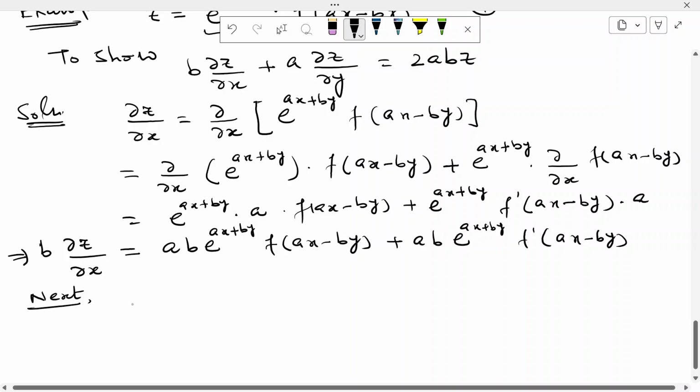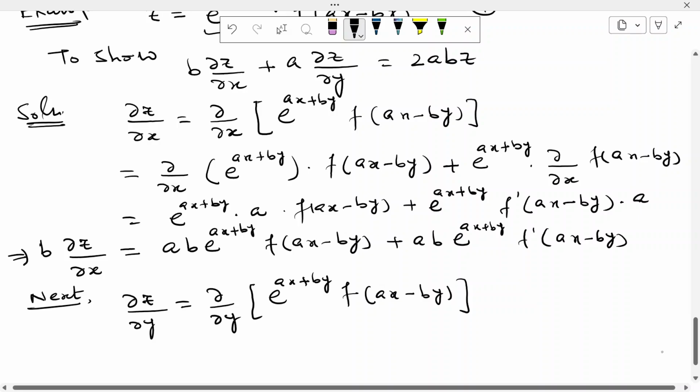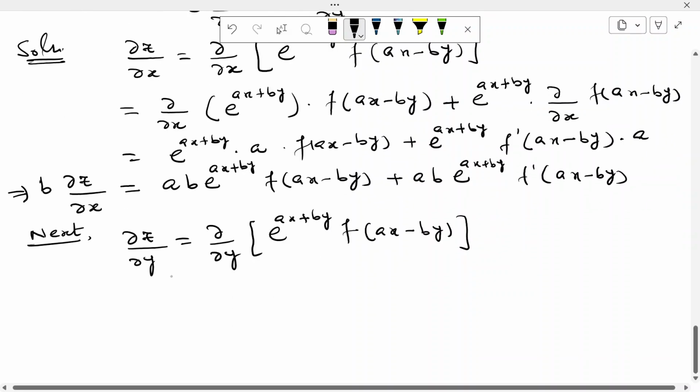Next we have to find del z over del y, which is del over del y of e to the power ax plus by f of ax minus by. Here we have to apply the partial derivative.